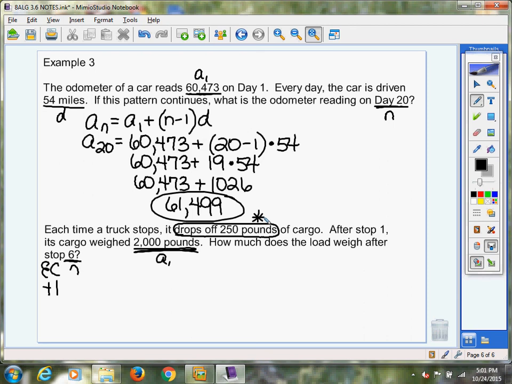So our answer should be under 2,000 pounds. If you get an answer that's above 2,000 pounds, that means you put 250 pounds of cargo onto your truck. That's not what the problem says. It says it's dropping off. This truck should be getting lighter, not heavier. Okay? Answer should be under 2,000 pounds.